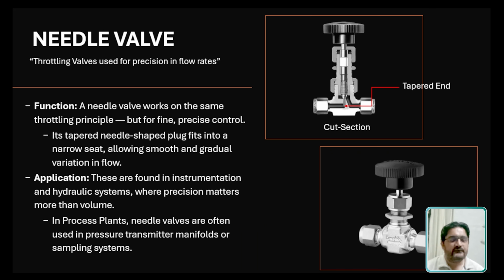Needle valves find their applications in instrumentation and hydraulic systems where precision matters more than volume. In process plants, you can find needle valves used in pressure transmitter manifolds, sampling systems, in impulse lines, and you can even see some needle valves installed directly into the feed line. So we are going to see these things in the following slides.